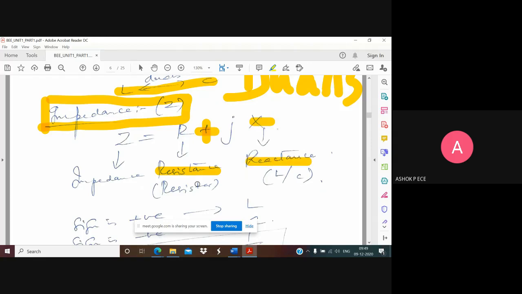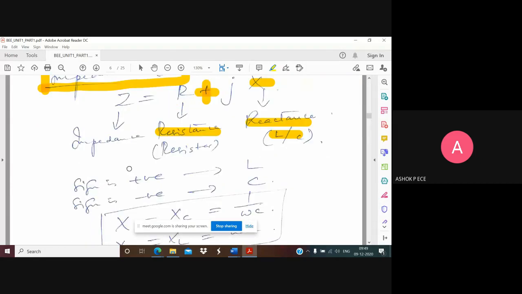Resistance is contributed by the resistor. The reactance is contributed by L or C, depending on the circuit. If your circuit has L, you will put XL here. If your circuit has C, you will put XC here. So remember Z equal to R plus jX is the general formula, where R is the resistance and X is the reactance. If I use L, the imaginary term will be positive.